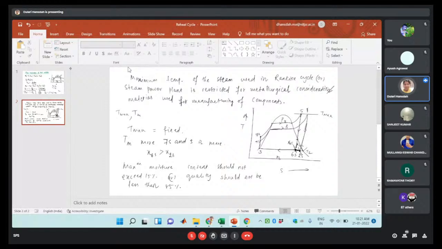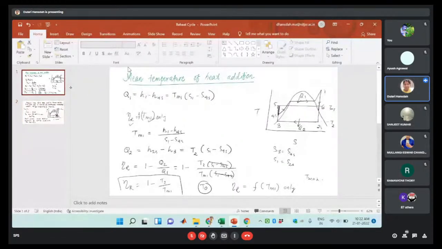So these are the things we have to consider. There should be a certain maximum operating pressure related to this maximum temperature, so that we can have less moisture content at the turbine exhaust.